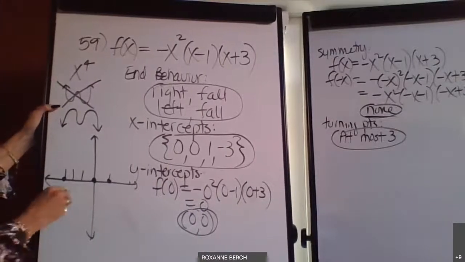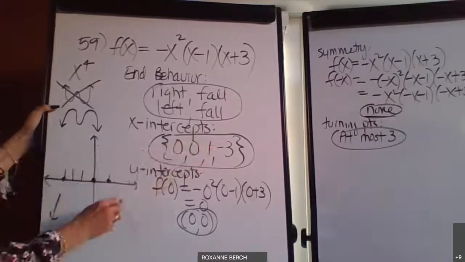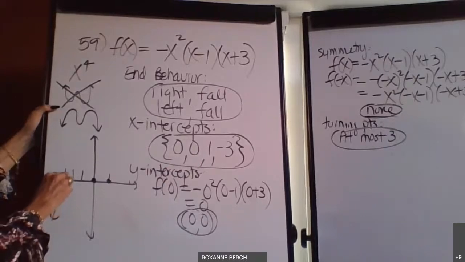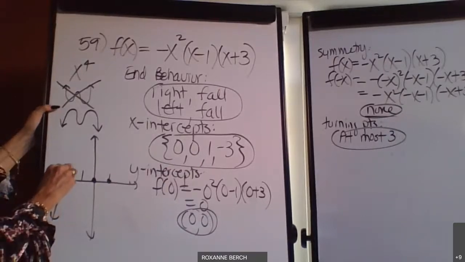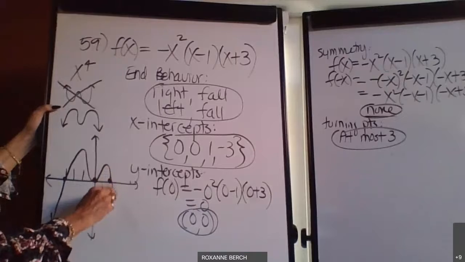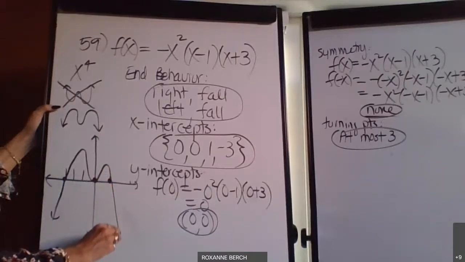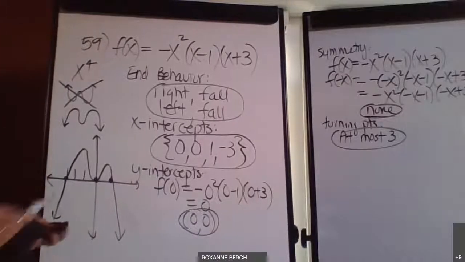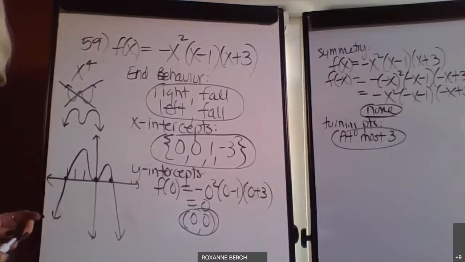So tell me what's happening at -3. It crosses. What's happening at 0? Touches and turns. What happens at 1? Crosses. So does that look like an M? I mean, it looks like a sorry M, but it still looks like an M. Right?